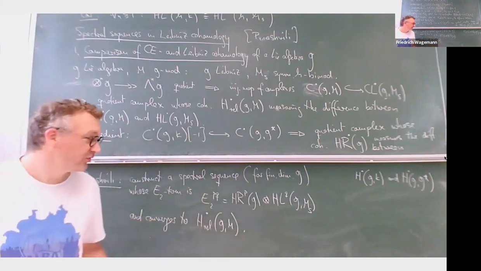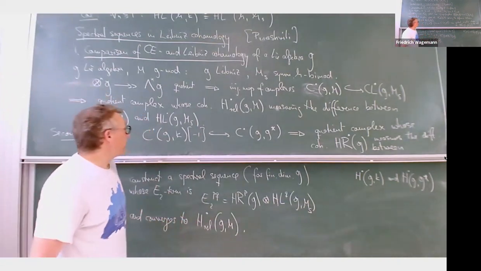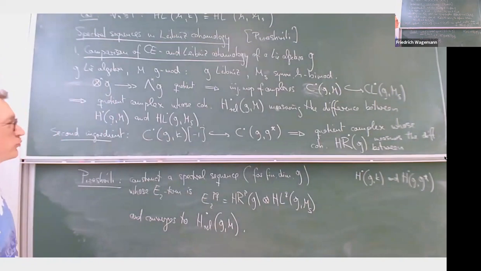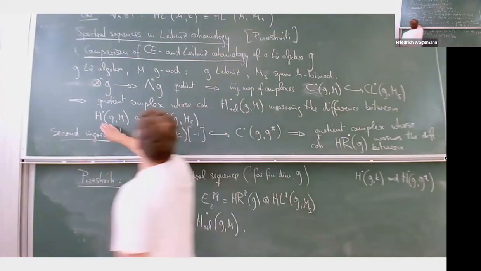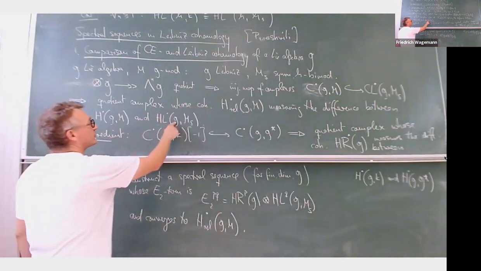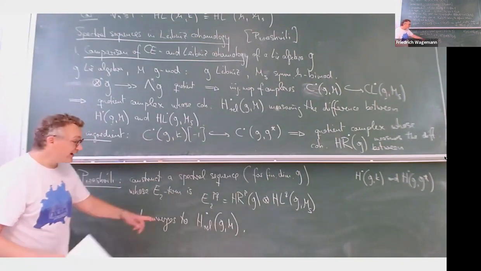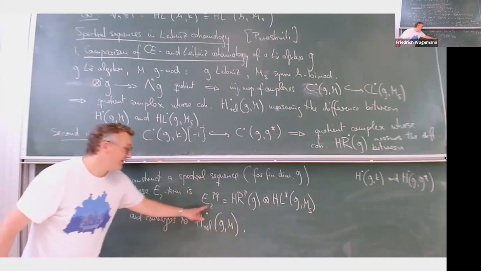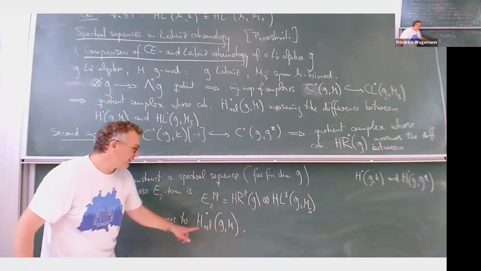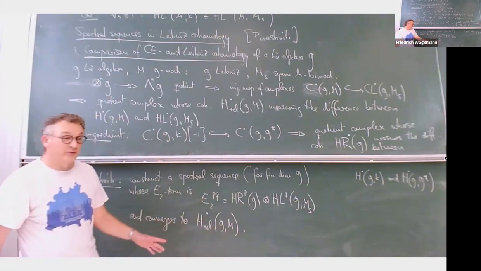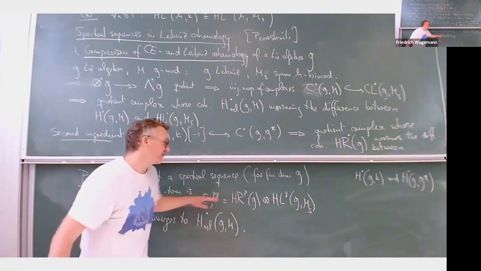So you see this relation between the cohomology of G with values in M and Leibniz cohomology of G with values in MS is quite complicated. The relation is given by this cohomology space, which measures the difference. And we only have a spectral sequence converging to this cohomology space, which has this E2 term.